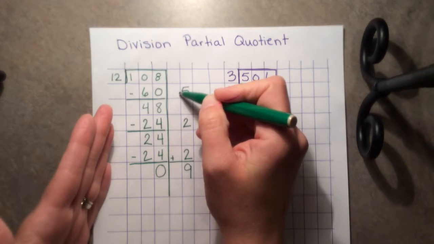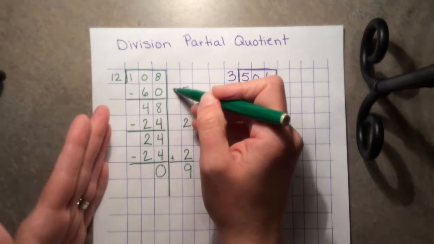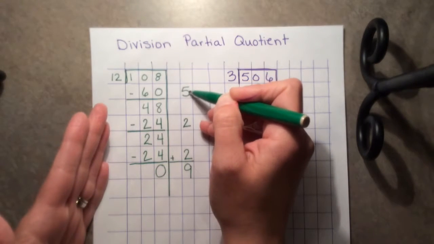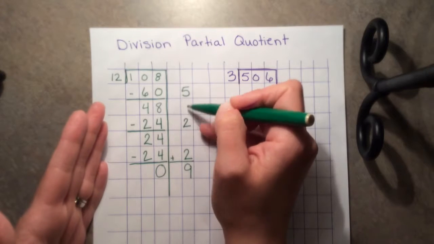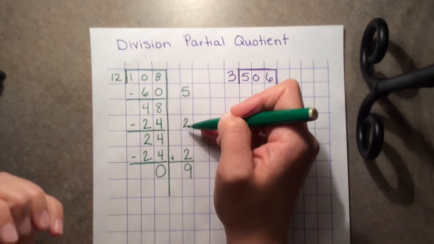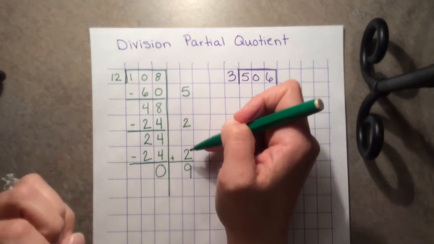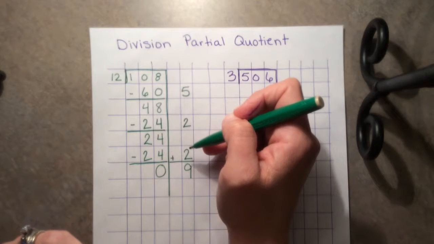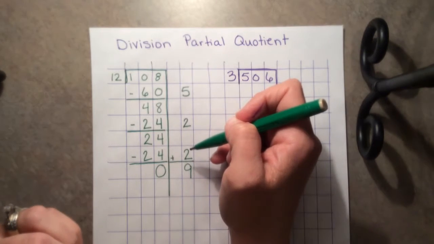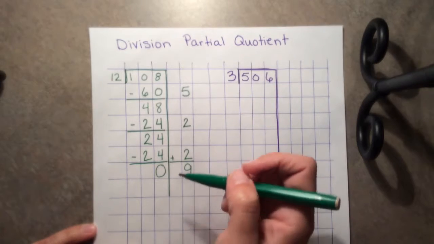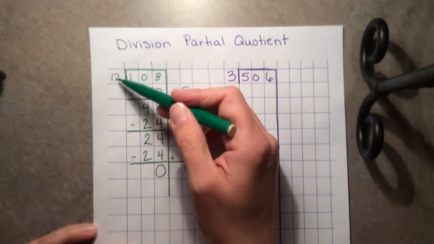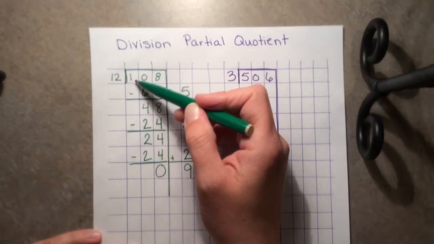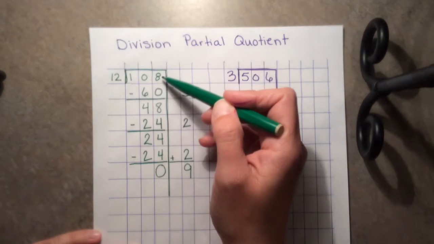If it was 50, I would make sure that my students knew that that was a 5 and a 0, and that then my 2 went under the 0 for the ones place. Partial quotient is best taught on graph paper to keep those lines and numbers all nice and neat. So what is my answer of 12 divided into 108?